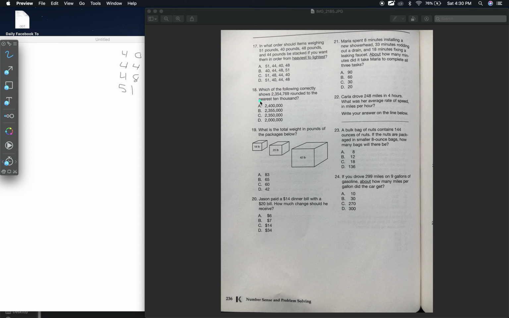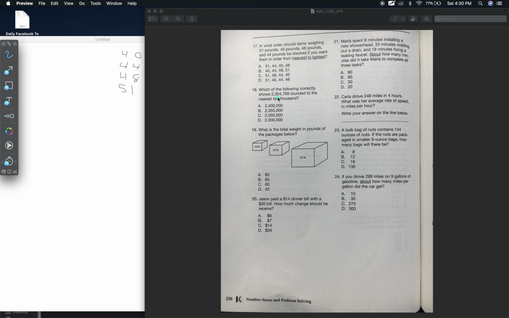Number 18. Which of the following correctly shows 2,354,769 rounded to the nearest 10,000? Remember, we find our 10,000s place: ones place, tens place, hundreds place, thousands place, and 10,000s place.